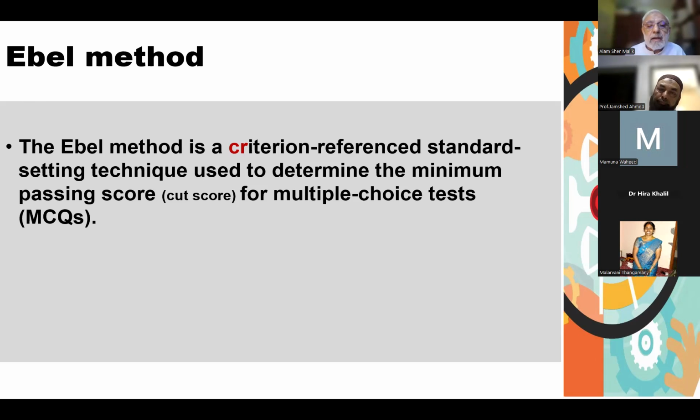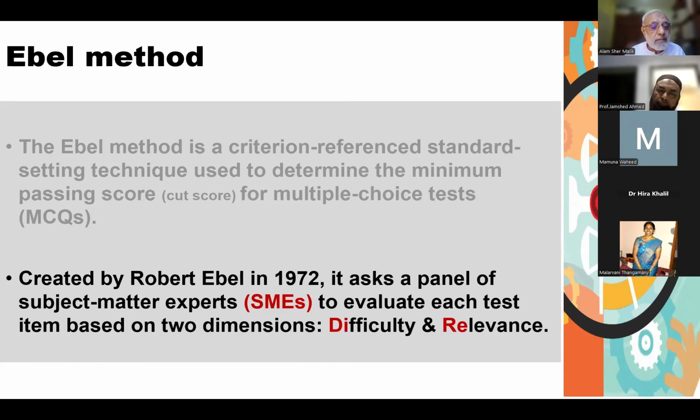And apart from this, are there any other techniques, what's the difference, and which one may be more applicable in certain situations? Right. So first thing is that the Ebel method is a criterion referenced standard setting technique to determine the minimum pass score or cut score, and it is only limited to MCQs. So this method is for multiple choice questions.